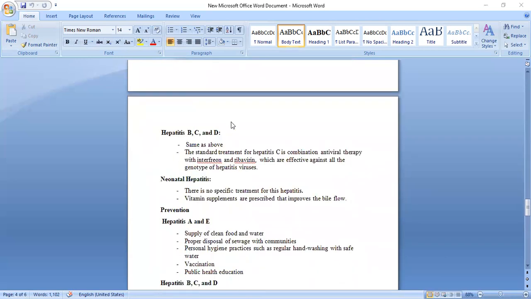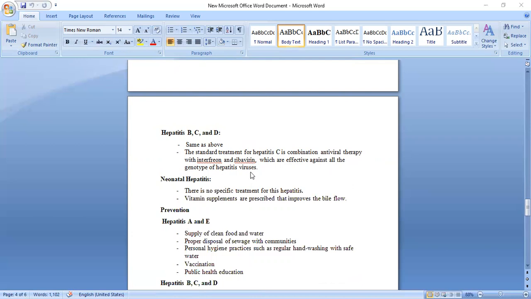Now see, hepatitis B, C, D, same as above, the same treatment here also. The standard treatment for hepatitis C is combination antiviral therapy, which is interferon and ribavirin.